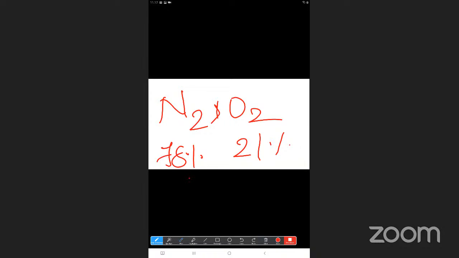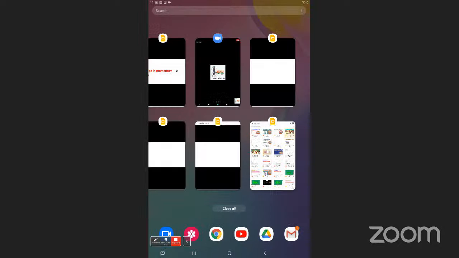So these are called non-metals, like these gases, nitrogen, oxygen, and chlorine, sulfur, phosphorus. All these are non-metals, and they are also used for different purposes. To know more about metals and non-metals, first of all, we should know the categorization of metals and non-metals.